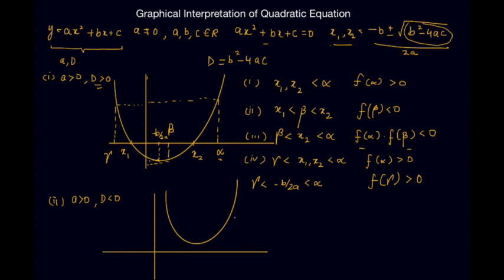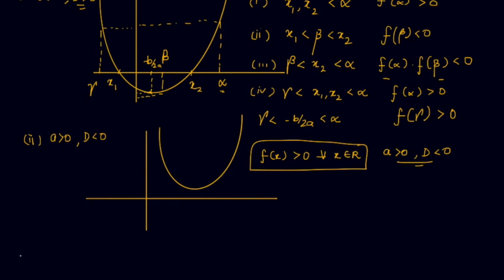In this case, this function f(x) will always be greater than 0 for all values of x belonging to R. Whenever you are given that the function is always positive for all values of x belonging to R, you should always think that a should be greater than 0 and d should be less than 0. This is very important.